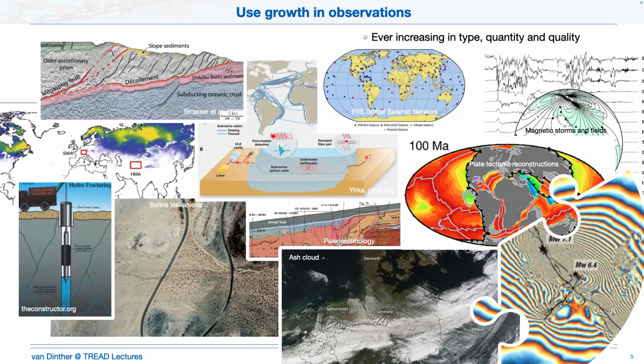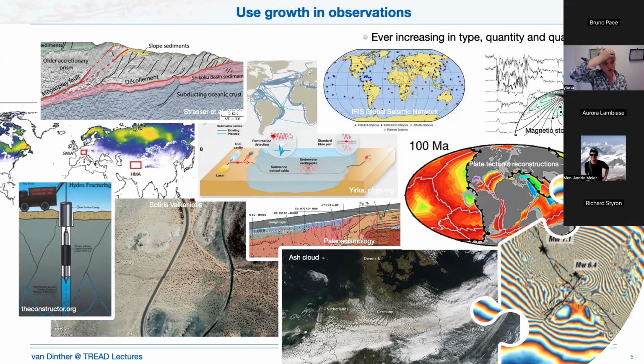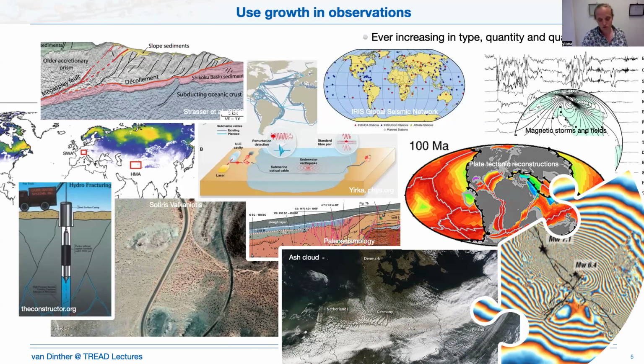This is very important because we have a lot of observations that are ever increasing in the types of observations that we have. Even just looking at the FAIR experiments, there's a lot of new types of information as well. A lot more observations, much better observations. So these are critical to understand any solid Earth process, but particularly also earthquakes.